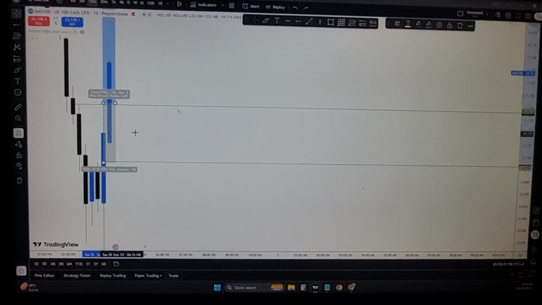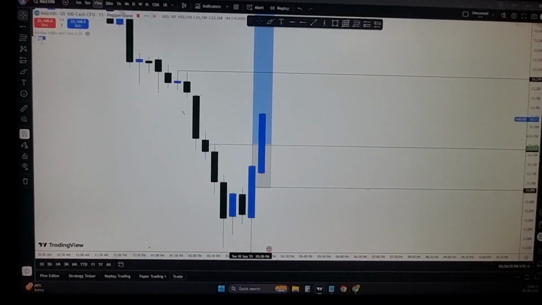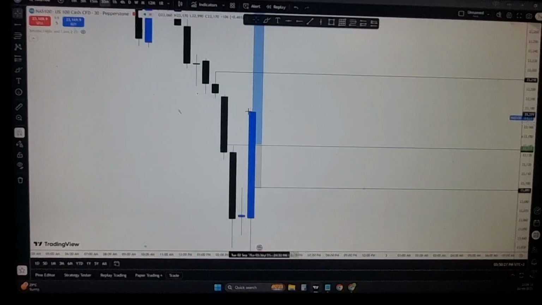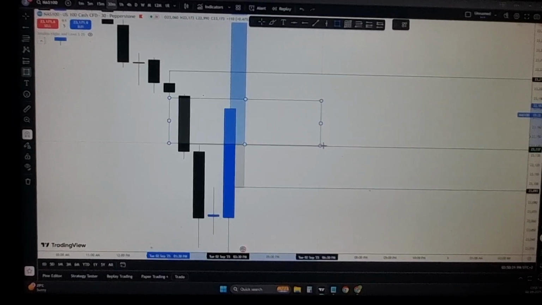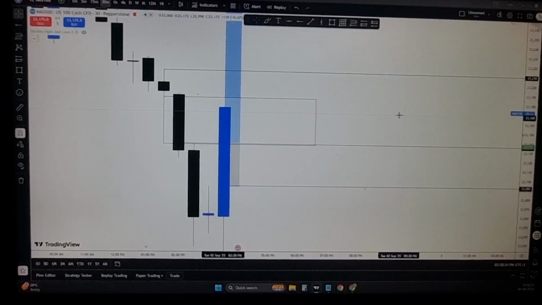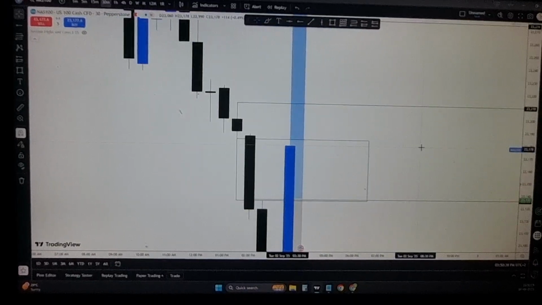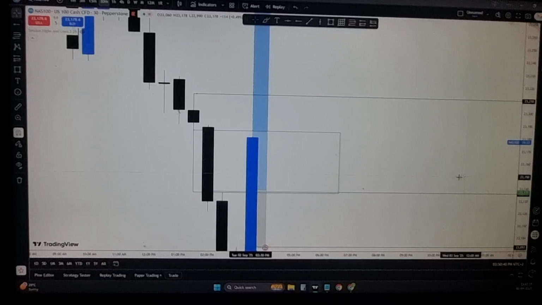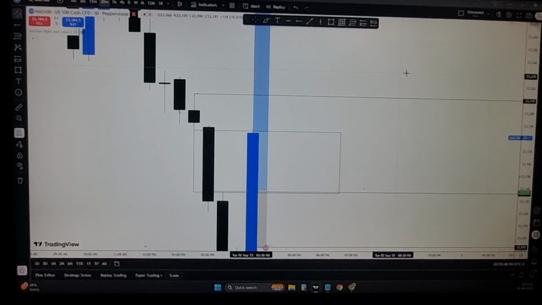Now we need to see if we are gonna disrespect this 30-minute fair value gap. That's how easy it is. Okay, if we inverse this fair value gap, I might enter with a light risk. We need to stay patient.